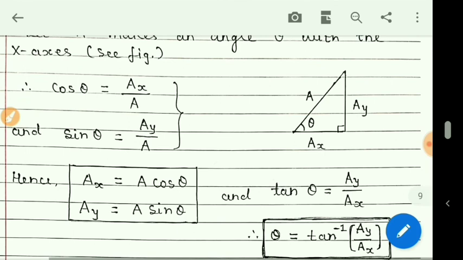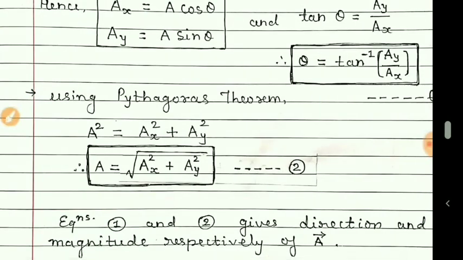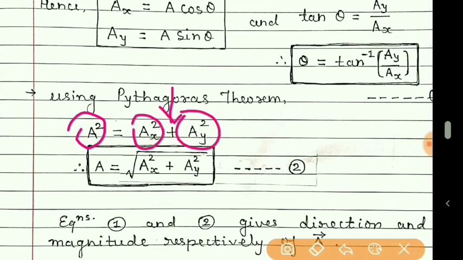Now if we apply the Pythagoras theorem to this figure, then this is the hypotenuse and these are the other two sides. So according to Pythagoras theorem, hypotenuse square is equal to the sum of the squares of the remaining two sides, and taking square root on both sides, we will get A is equal to root of Ax square plus Ay square.